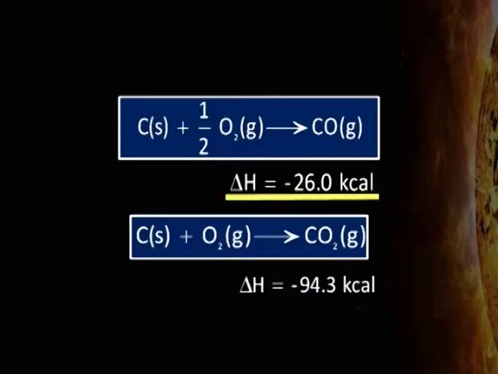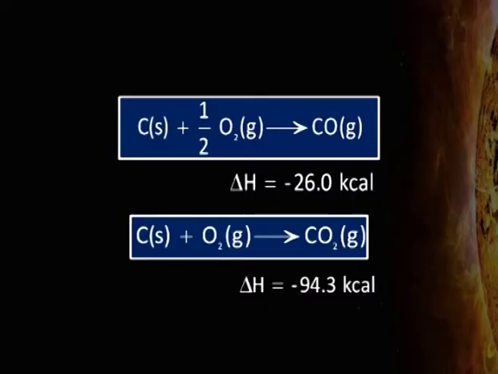Both of these reactions are the reactions for oxidation of carbon, but heat of combustion for carbon is not equal to minus 26.0 kilocalories, because carbon monoxide formed in this equation can further be oxidized to give carbon dioxide. Hence, heat of combustion or enthalpy of combustion for carbon is equal to minus 94.3 kilocalories.